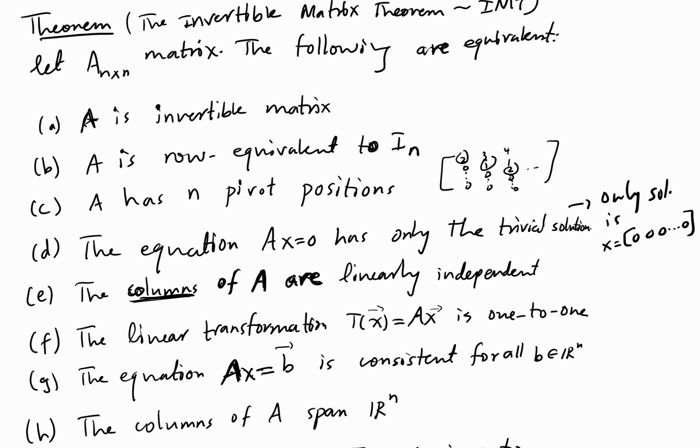If it has no solutions, then it's inconsistent. How about the next part? What does it mean to say the columns of A span Rn? I need to see your comments, guys.